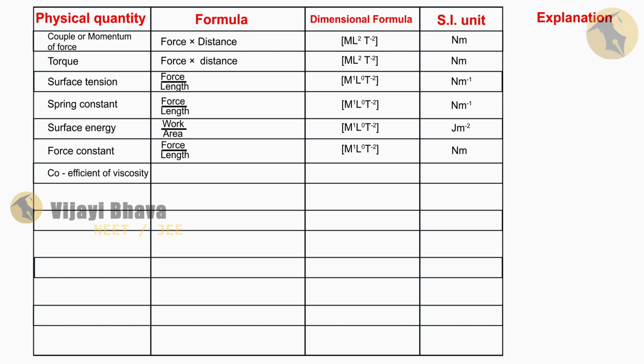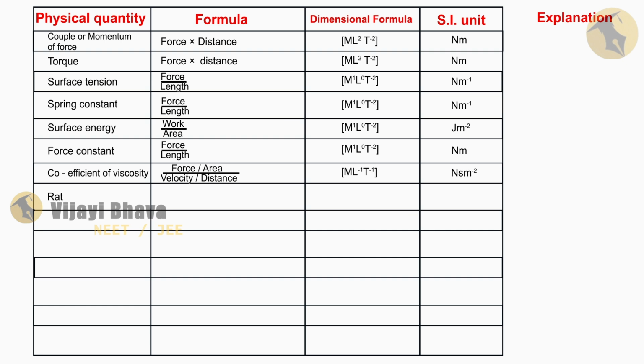This has a formula force by area by velocity by distance. Force has a dimensional formula M1 L1 T minus 2 by area L2 by velocity L1 T minus 1 by distance L1. On simplification, we get M1 L minus 1 T minus 1.